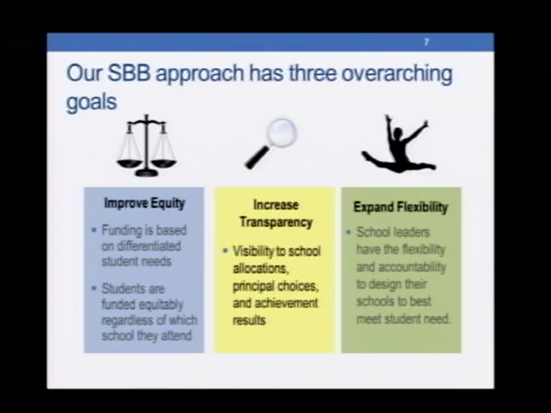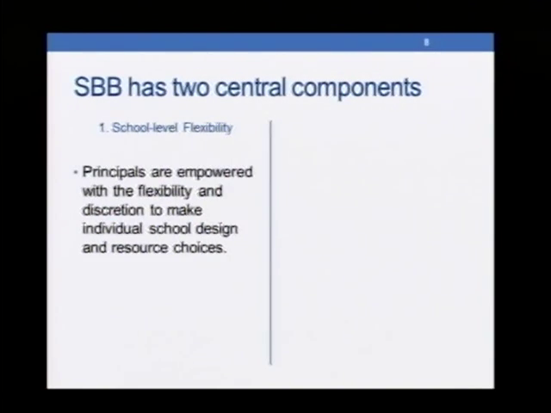As we've said, school leaders need to have the flexibility and the accountability that goes along with it to design their schools to best meet student needs. And so we've honed in and concentrated on equity, transparency, and flexibility. Those are the three overarching goals of moving towards student-based budgeting. There are two central components to it.